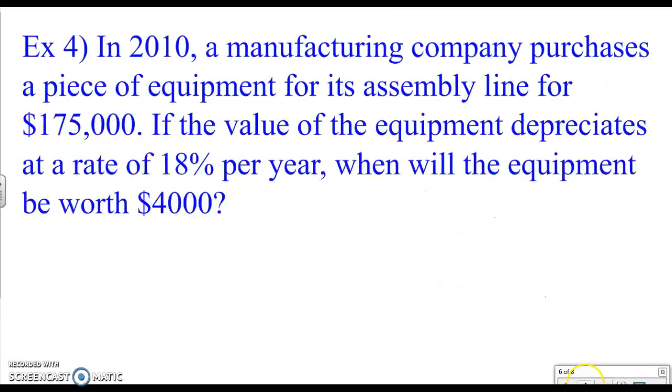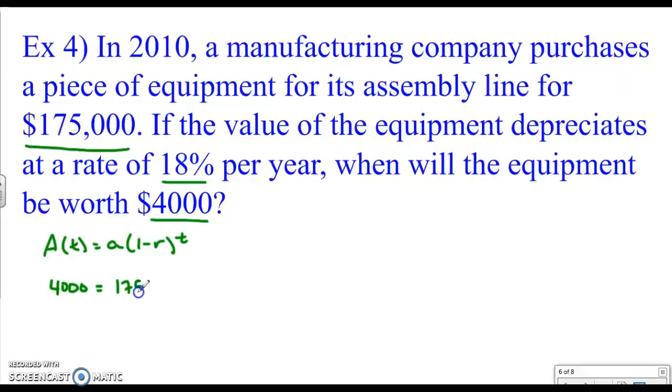One last problem. In 2010, a manufacturing company purchases a piece of equipment for its assembly line for $175,000. If the value of the equipment depreciates at a rate of 18% per year, when will the equipment be worth $4,000? So this time we're using depreciation or exponential decay. So we want to know how long it takes before it's depreciated to a value of $4,000.